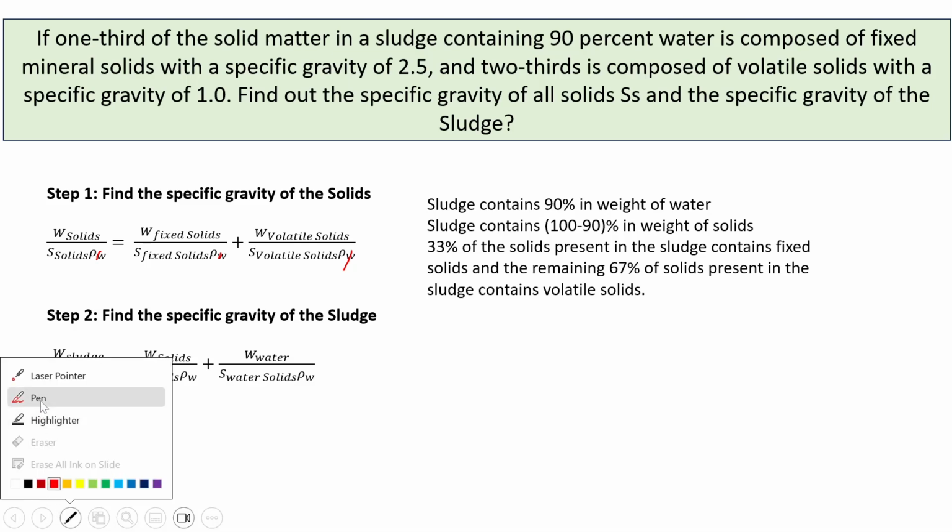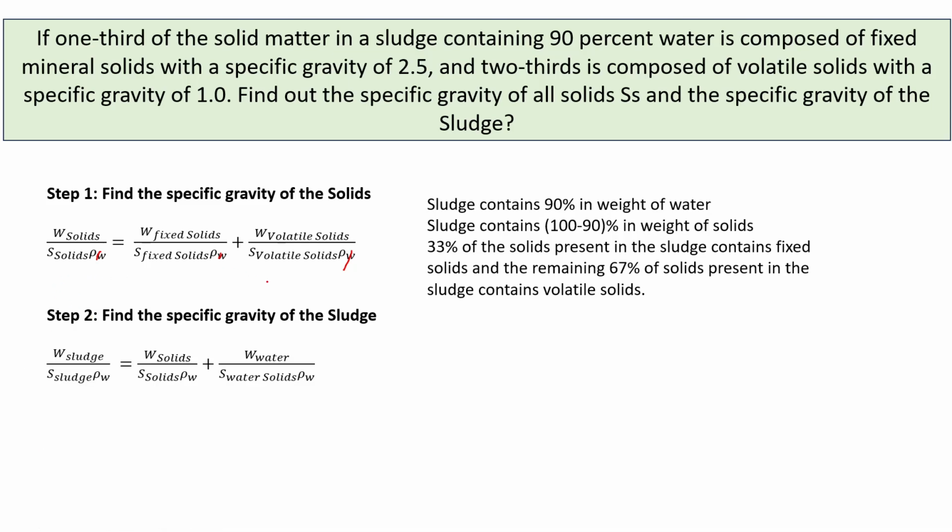Okay, wait. You assume it as 100 or 1 or whatever it is, but write the percentage carefully. So if you take 100 kg of solids are present, in that fixed solids will be 33% and volatile solids will be 67%. Specific gravity of solids is what you have to find out.